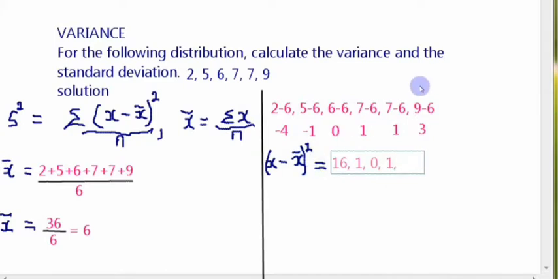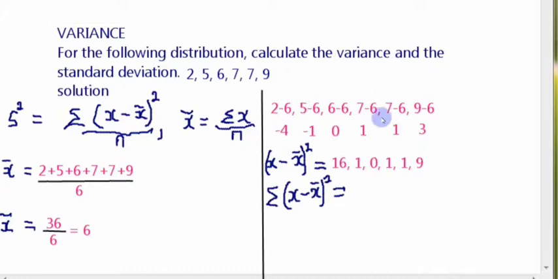The next 1 raised to power 2 is 1. 3 raised to power 2 is 9, that is 3 times 3 is 9.